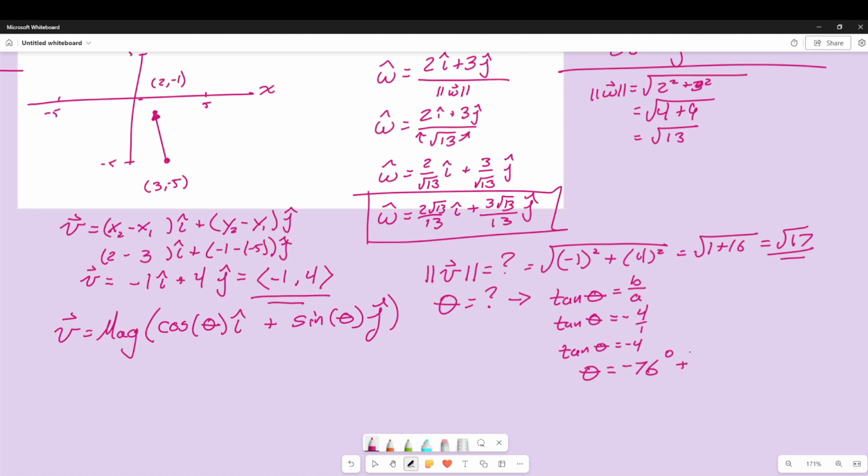But of course, we also know we get any half rotation. Normally it would be pi k if we were in radians, but 180 degrees k because we're in degrees. So the negative 76 degrees is the angle within our restriction, because we know tangent only exists between negative pi over 2 and pi over 2, so between negative 90 degrees and positive 90 degrees.